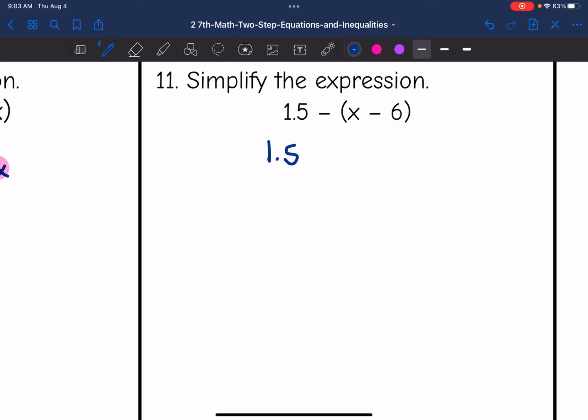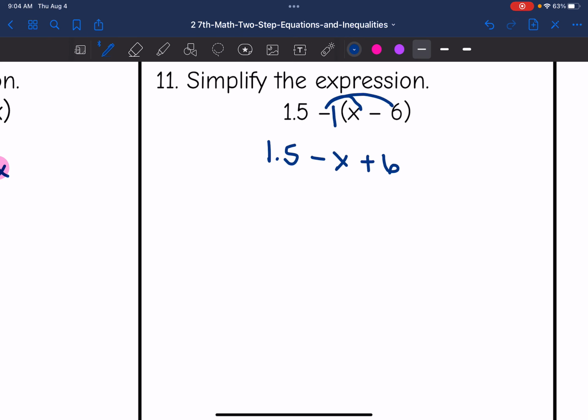What I'm really going to distribute is an invisible negative 1. I just need to distribute that negative sign inside the parentheses since I'm subtracting that group. So negative times x, or subtracting an x, is just minus x. And then negative times a negative 6, or subtracting a negative 6, is the same thing as plus 6. So there's what I get after I distribute.